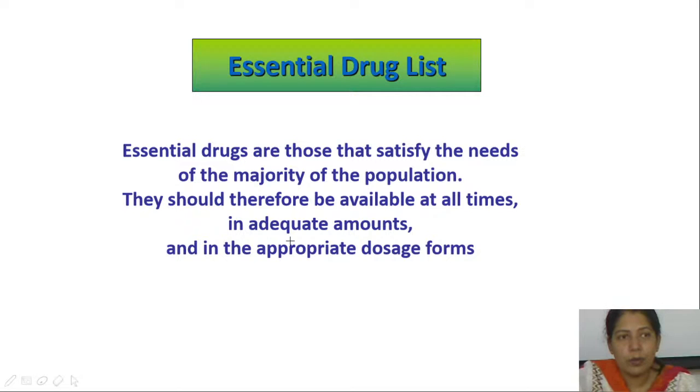So if we are a population of more than 1 billion, when we say majority, we say at least 70% of the population. So at AIIMS, depending on how many patients are coming, accordingly you must be prepared for availability of these drugs in adequate amounts at all times and in appropriate dosage forms. By which I mean you should have syrups for children, and tablets or capsules for adults.